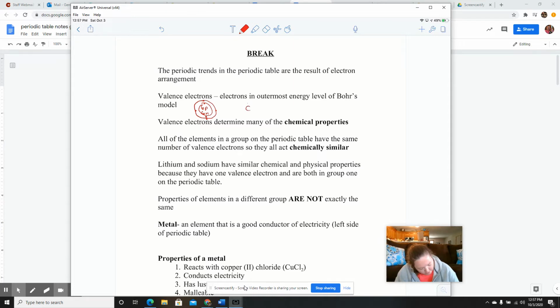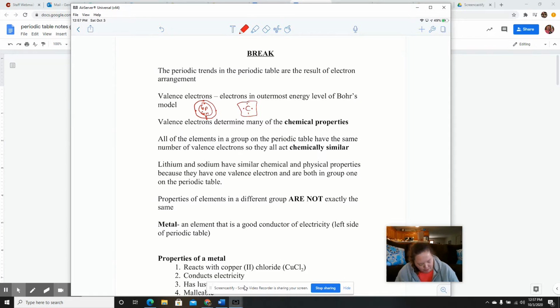In the Lewis dot structure we had 4 dots around it. This is what showed the valence electrons, those last electrons in this very last outer ring of Bohr's model.